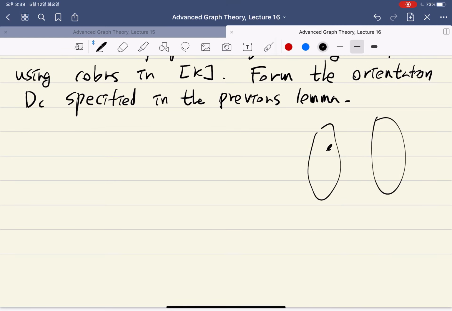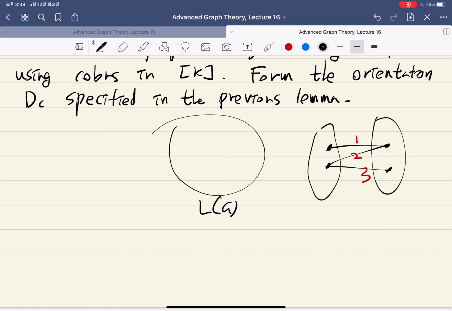So again, we have this 1, 2, 3. Then, depending on whether they share a vertex in X or Y, we orient the edges in its line graph.